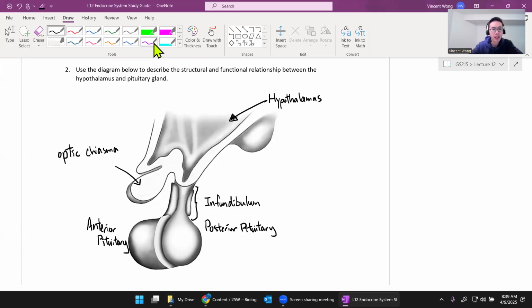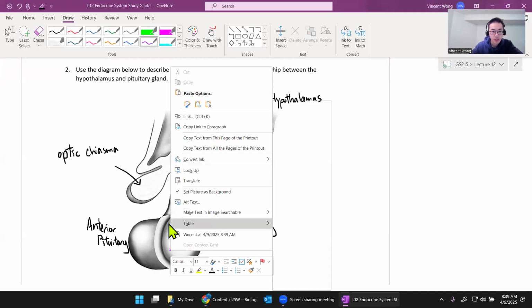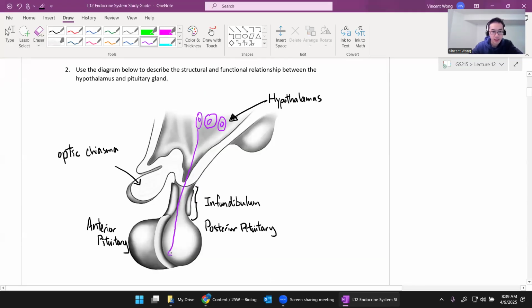If you didn't know that, it is the posterior. Thank you, Peace. Yeah, it's the posterior right here. So we're gonna have a bunch of neurons that extend all the way to the posterior pituitary gland. That's the axon terminal right there.